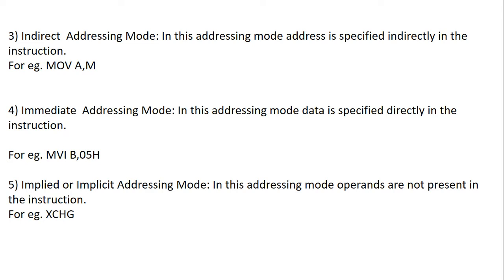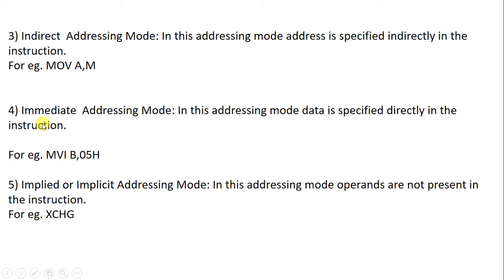Memory is actually the HL pair, which holds one memory location, and the content of that memory location is going to be copied into the accumulator. So here the address is specified in the HL pair, or you can say memory. It is not directly specified in the instruction. So this is called indirect addressing mode.